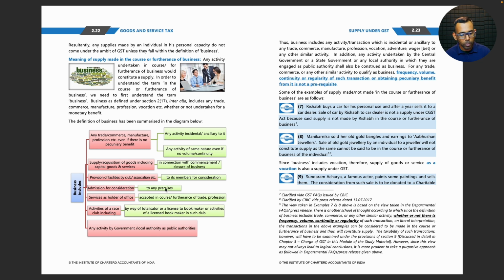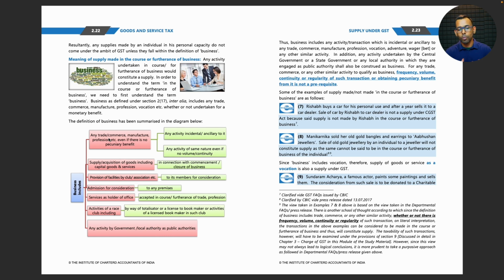Admission for consideration to any premises. Services as holder of office accepted in course or furtherance of trade or profession. Activities of a race club including by way of totalizator or a license to bookmaker, or activities of a licensed bookmaker in such club. Any activity by government or local authority as public authorities. So these are all business, includes all these activities.